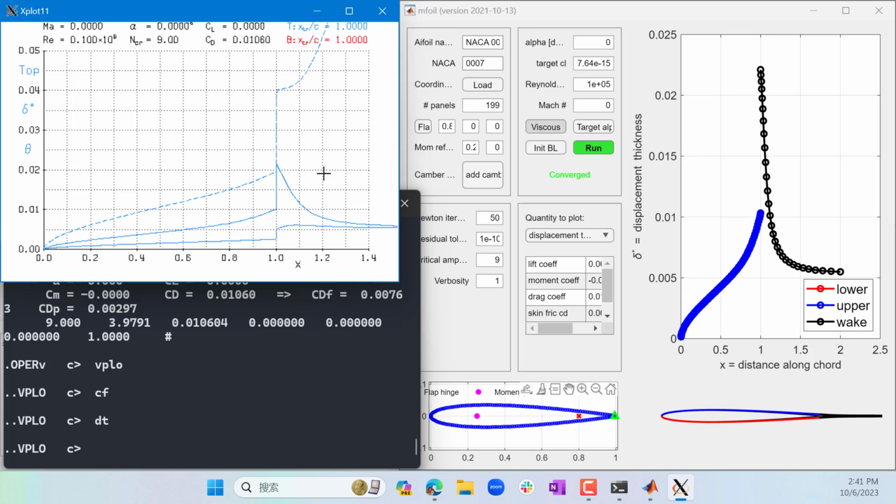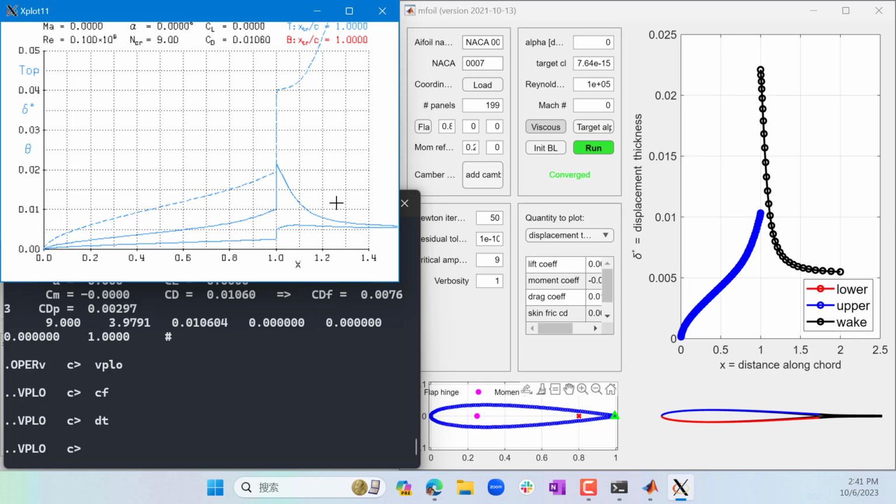And actually, in this scenario, both definitions of displacement and momentum thickness are not using u over u infinity. Instead, they are using u over ue, where ue is the velocity outside of the boundary layer at that local position. This is because we want to make sure that the contribution to the integral is 0 when you're already outside the boundary layer.